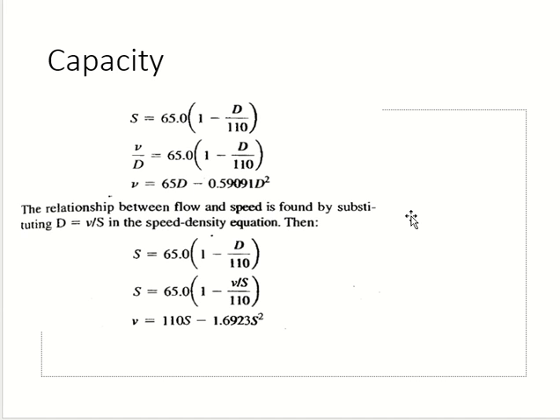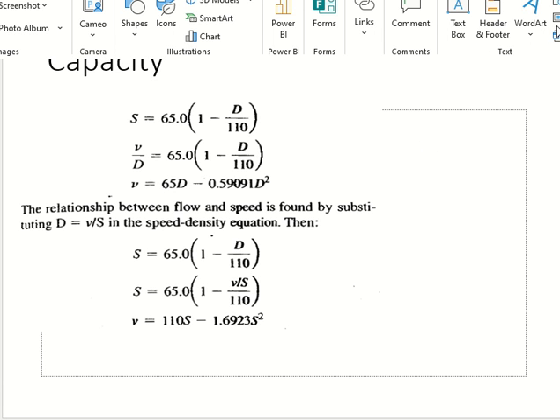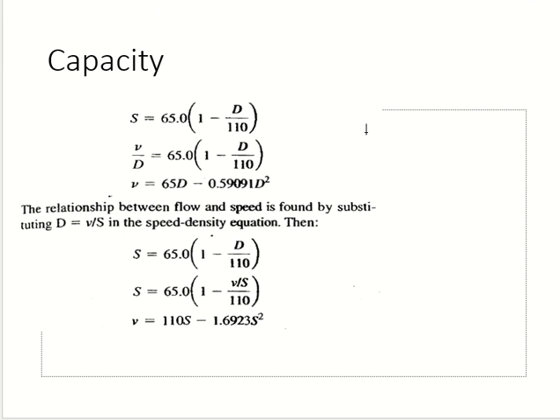I have the equation of the parabola. So I will take the derivative. For example, I am talking about the first equation, the one between flow and density. So I can take the derivative.